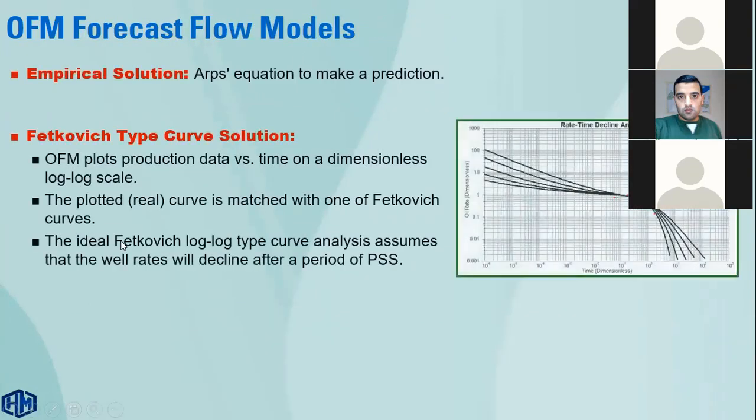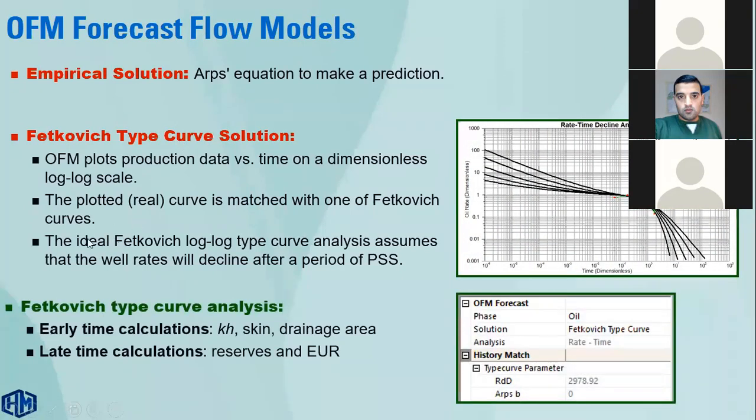In OFM, we have different techniques for analysis: the empirical solution like the Arps equation, and Fetkovich, and second, the Fetkovich type curve like this. For the Fetkovich type curve, OFM will plot the production data over the dimensionless log-log plot, as you can see, and after that we will match our data on one of the available curves to get the reservoir parameters and to calculate the reserve and estimated ultimate recovery.